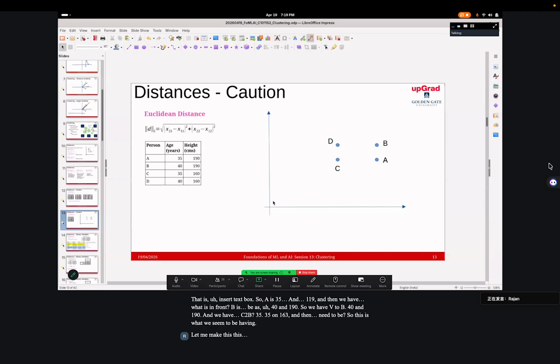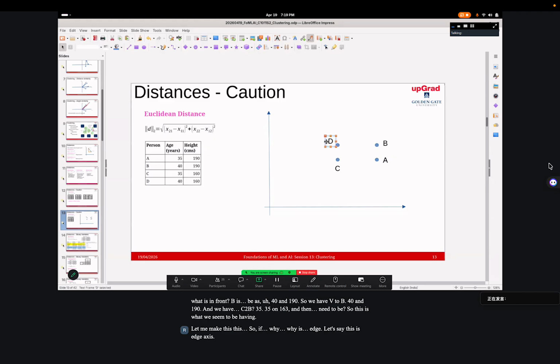So let's say this is the age axis, and this is height, height in centimeters.